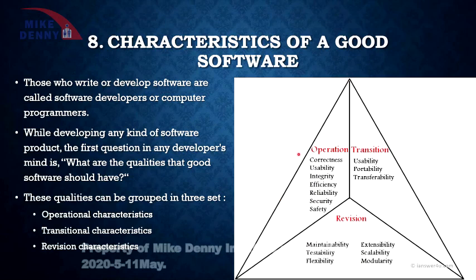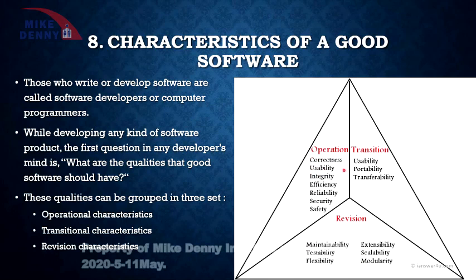And it gives us this triangle, right? And as you can see, we have on one side operations, we have transition, and we have revision. So the characteristics are the correctness, is it correct?